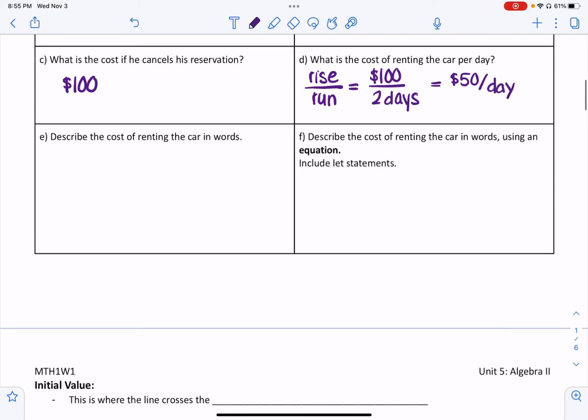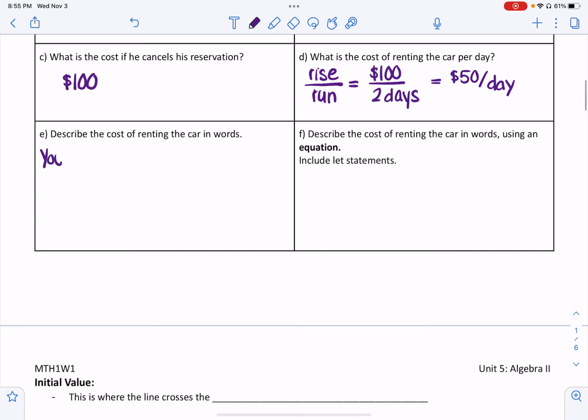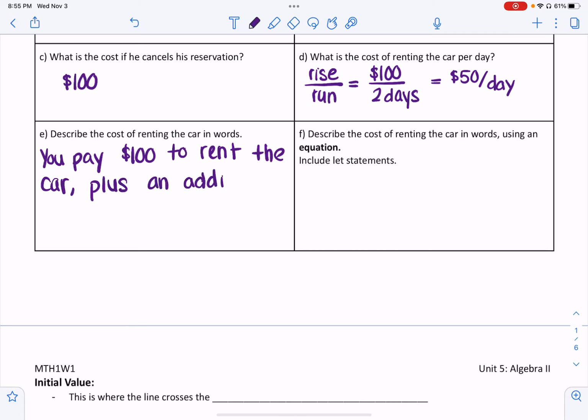So how we can write this out is that you pay $100 to rent the car, plus an additional $50 each day you are renting.